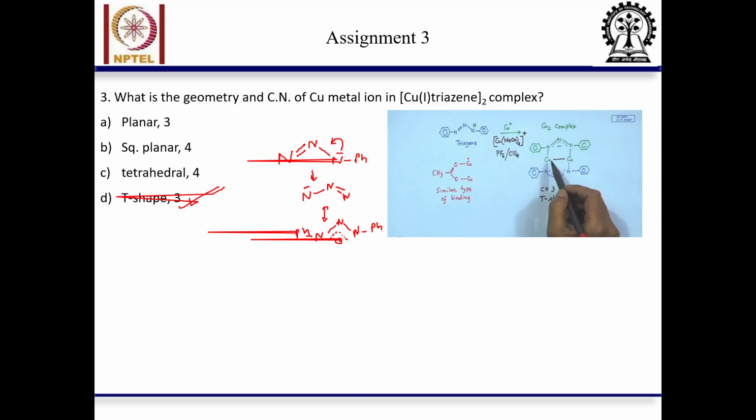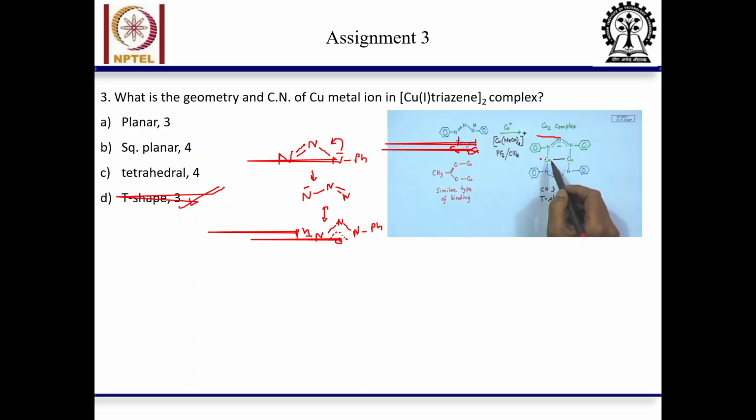Once you put the triazine in the copper MeCN 4, you will get the Cu2 complex, which is of this kind. Here we have Cu, N. Basically you are binding the 2 Cu with the N and N, right? You wanted to bind this through N.